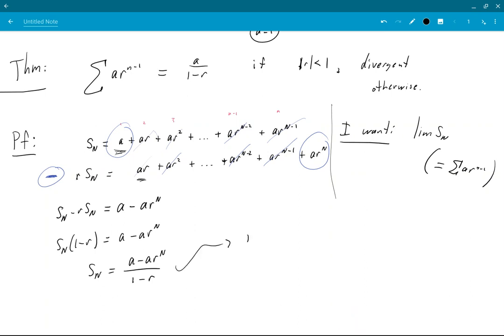Now we recall, because we want to take the limit of Sn, that r^n goes to 0 if the absolute value of r is less than 1.